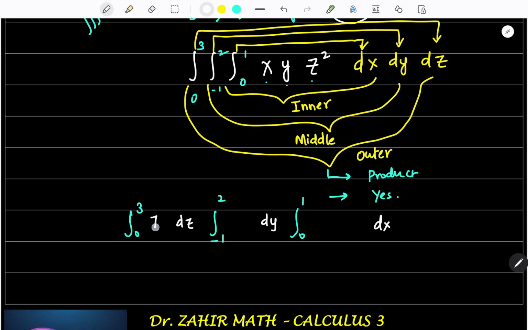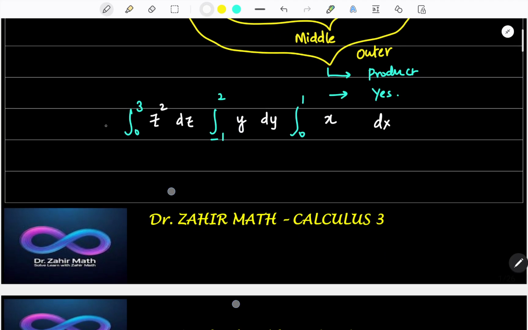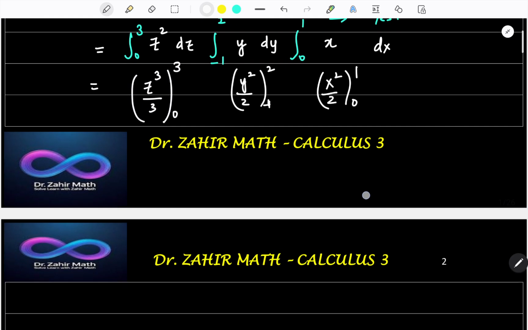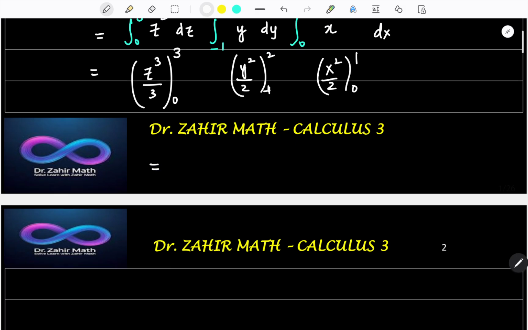Let me take z squared here, y here, and x here. First start from the inner integral: x squared divided by 2, limits 0 to 1; y squared divided by 2, limits minus 1 to 2; and z cubed divided by 3, limits 0 to 3.